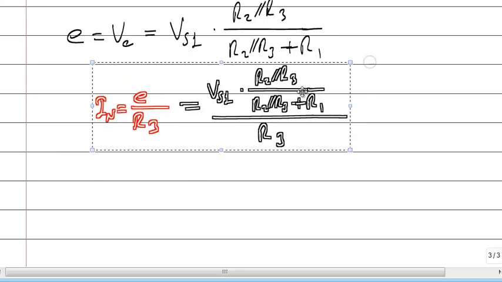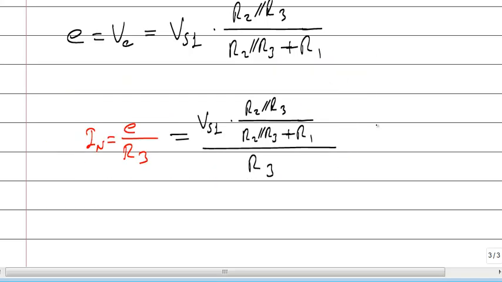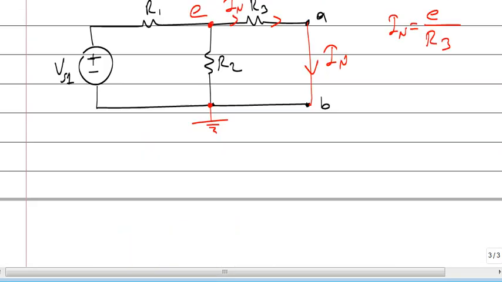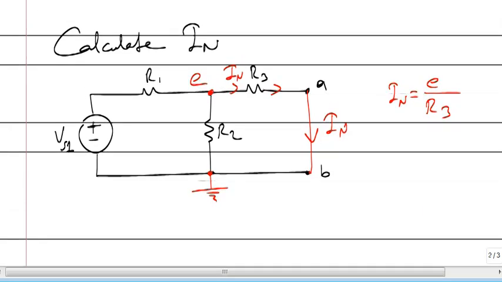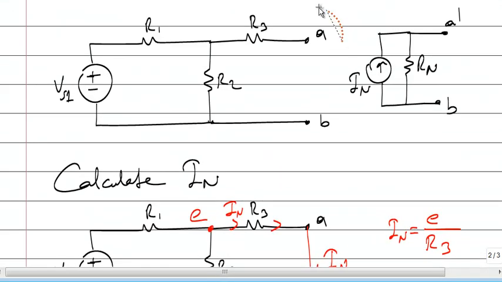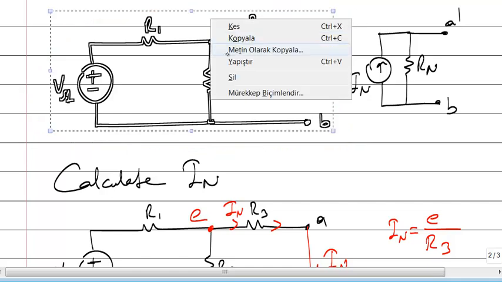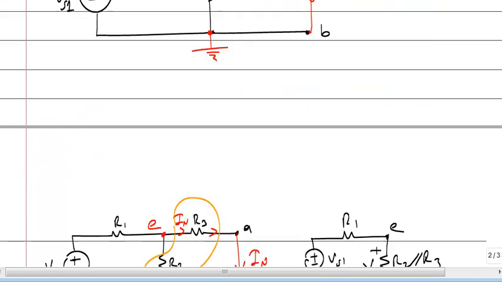Okay. So this is I Norton. Calculate R Norton. Let me take my circuit.